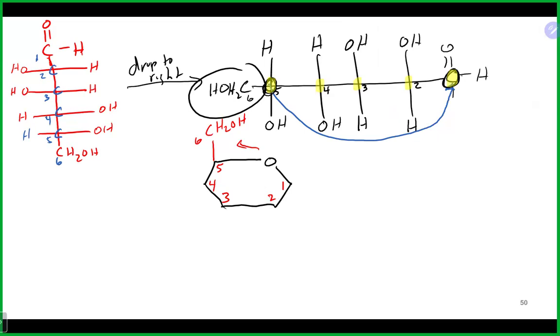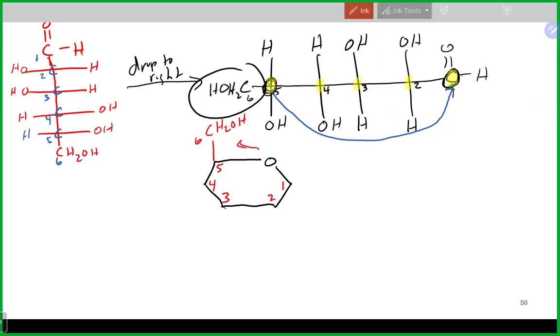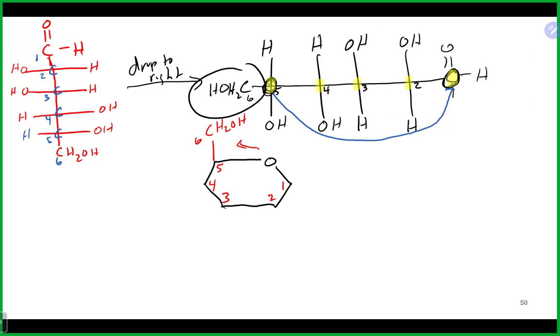What made this ring come together was carbon number 5 and carbon number 1. That connection is where the ring is closing up. And by the way, one of the O's from the oxygen on those gets incorporated into the ring. So that's why there's a carbon there. The oxygen gets in the way as the ring closes up on that structure.